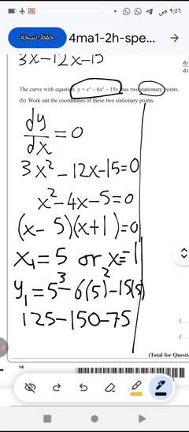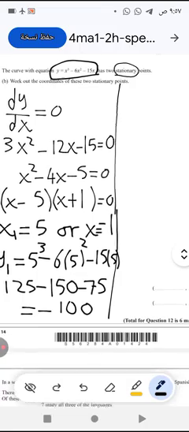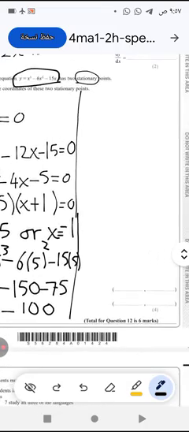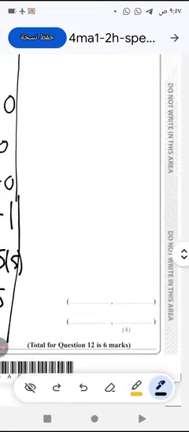Now 125 minus 75 is equal to 50, positive 50. 50 minus 150, the answer is negative 100. This is the first point: x1 equals 5 and y1 equals negative 100.